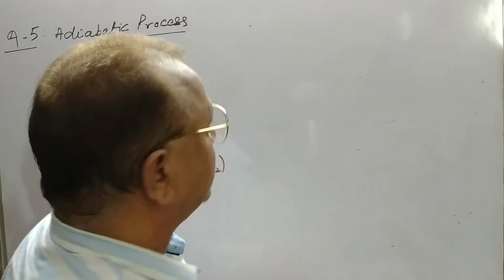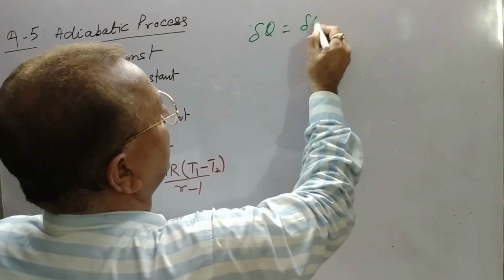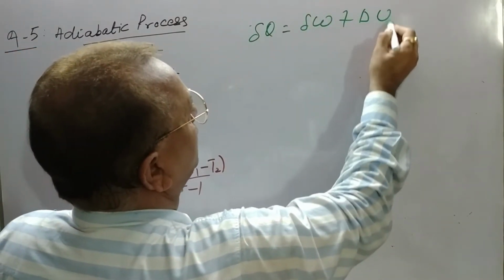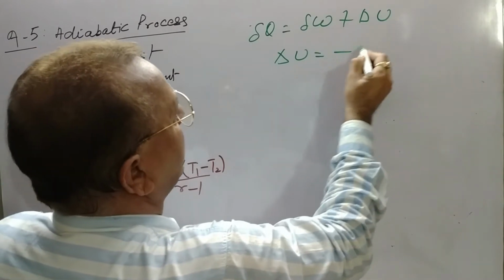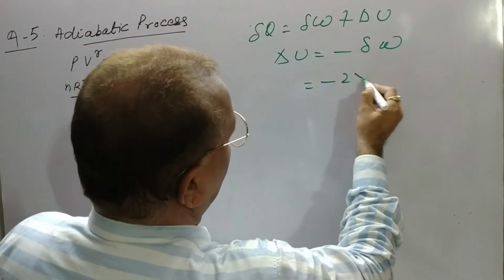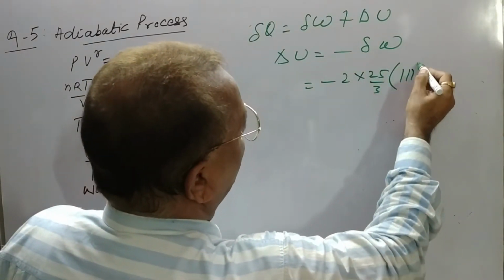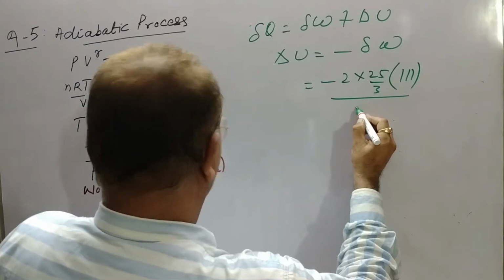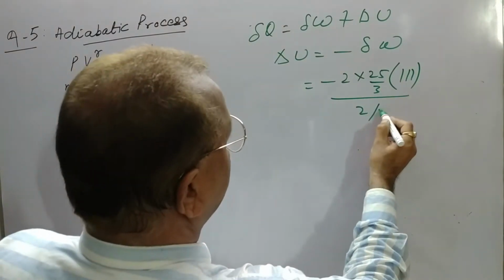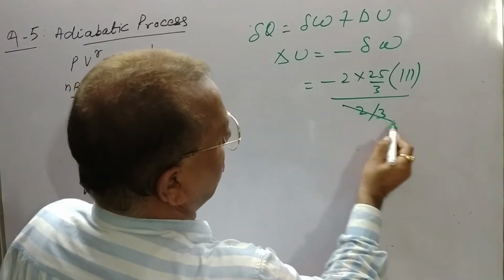During adiabatic process, you know delta Q is equal to delta W plus delta U. Therefore, delta U is equal to minus of delta W, which is equal to minus of n times 2 R, 25 by 3 is better, 111 divided by, I think, 2 by 3. So this will cut.